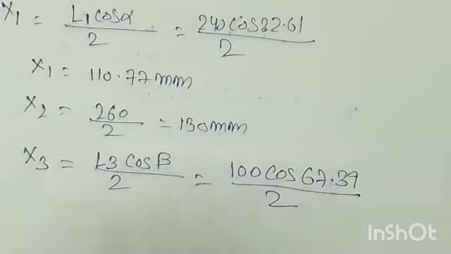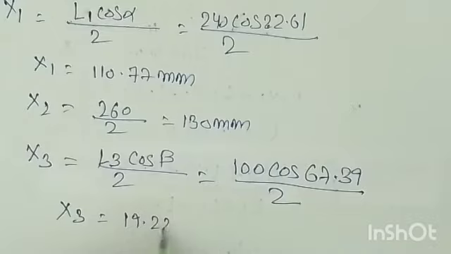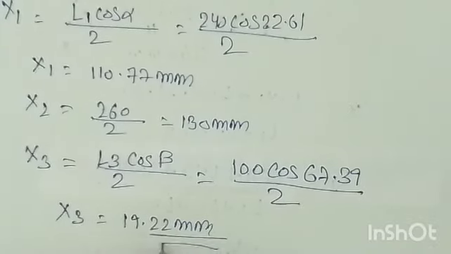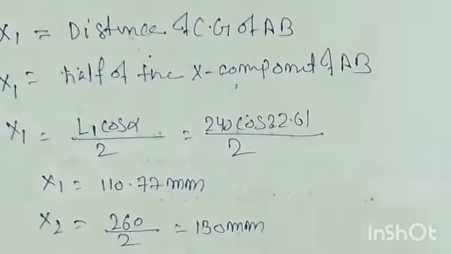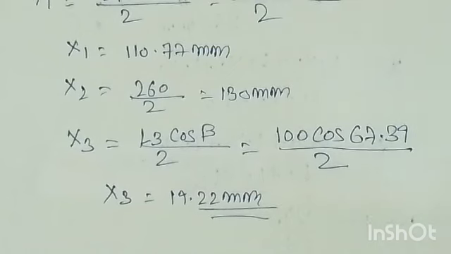Half of this is 19.22, so x3 is equal to 19.22 mm, right? This is how we get x1, x2 and x3.